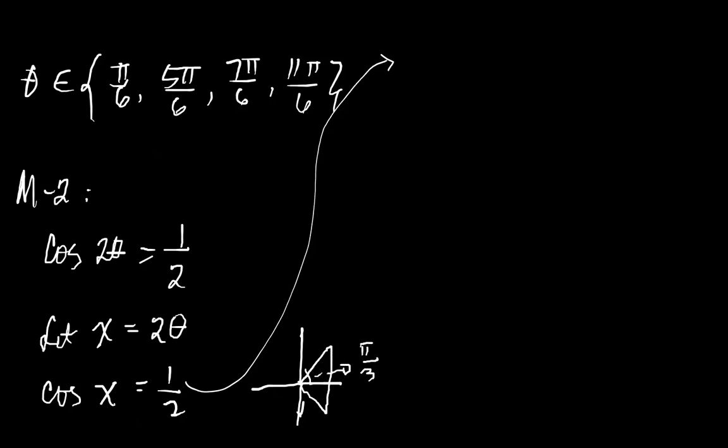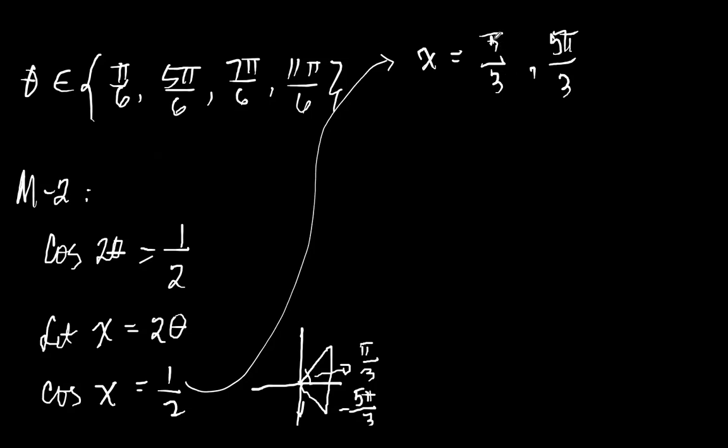So 60 degrees, yeah, that's correct. And the other one is 2 pi minus pi over 3, that's 5 pi over 3. Right? So x is equal to pi over 3 and 5 pi over 3.